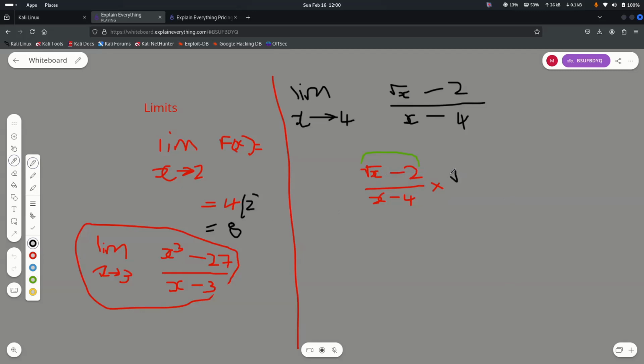We are going to take a conjugate of this function, which is x into square root. Now it is going to change a sign to be positive. Our conjugate is square root of x plus 2 divided by our conjugate again, which is x plus 2.